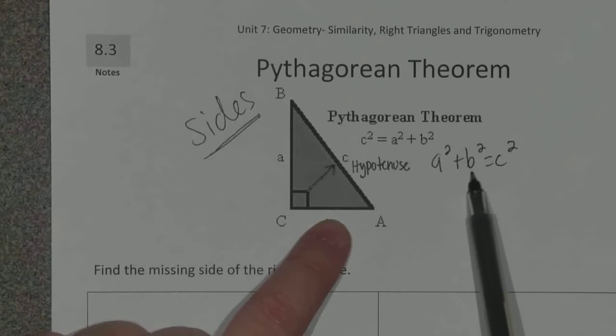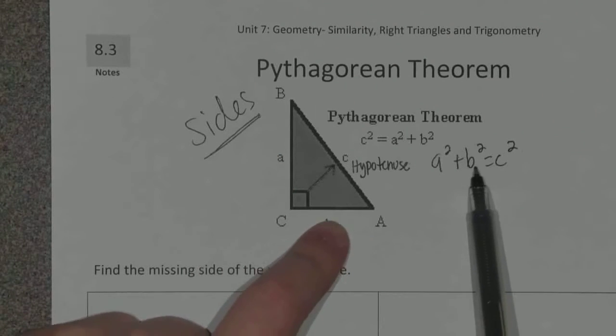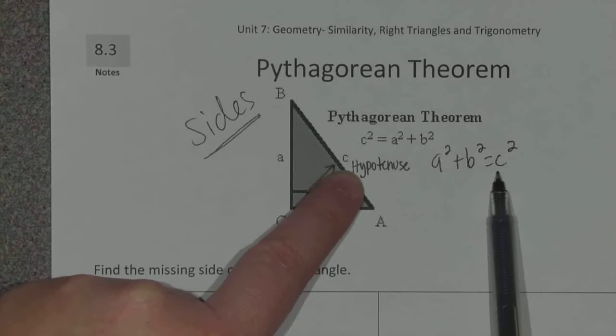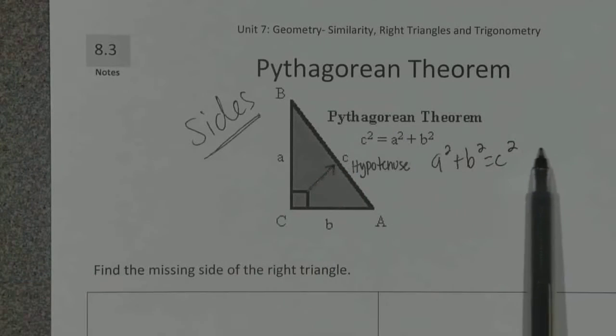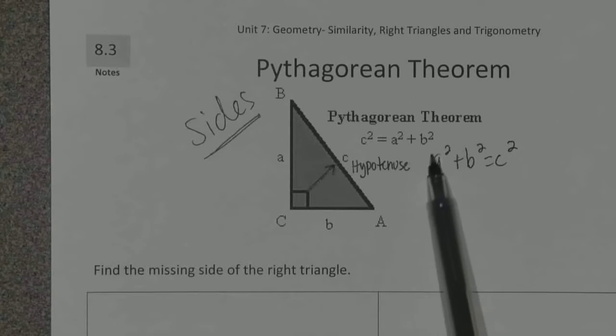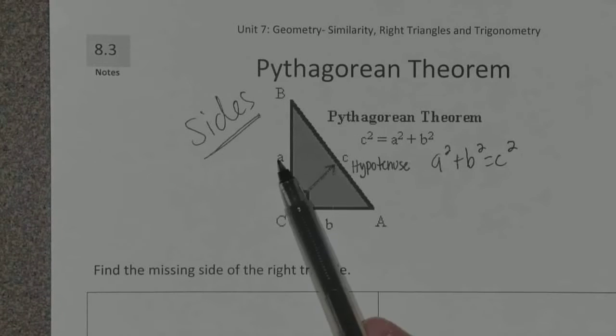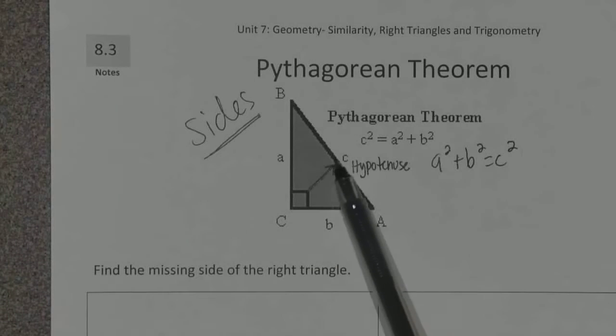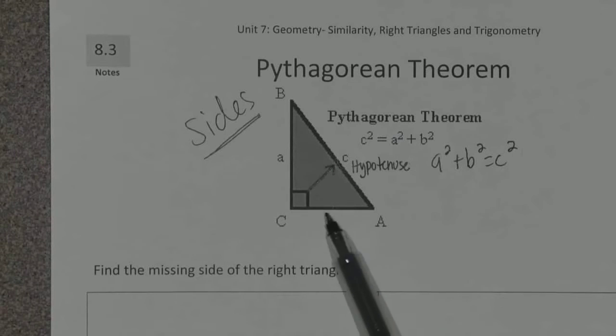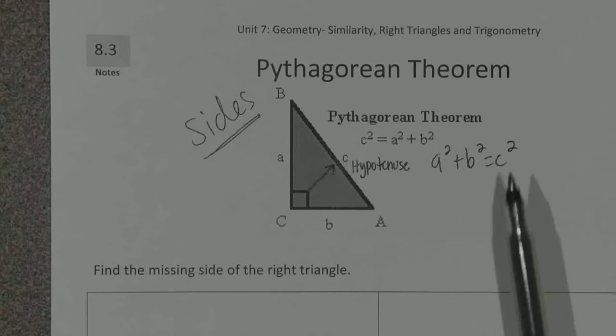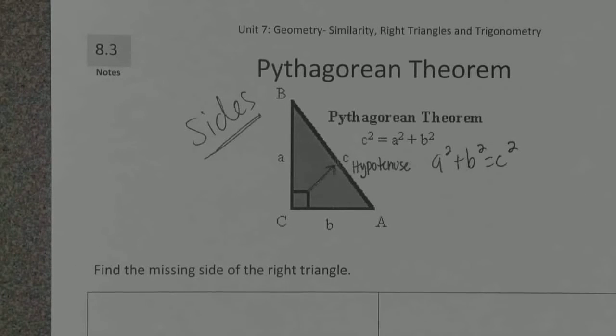Take the second side of my triangle and square it. And it will be equal to the hypotenuse squared. So I'm going to use this formula today to find the third side of a triangle. Sometimes we'll be looking for the hypotenuse. Sometimes we'll be looking for one of the sides. Either way, we can use the same formula. It will just solve a little bit different.